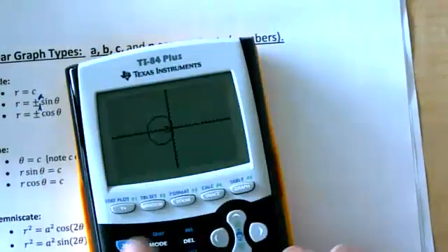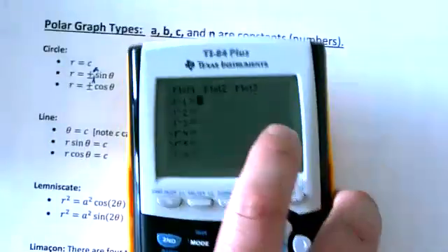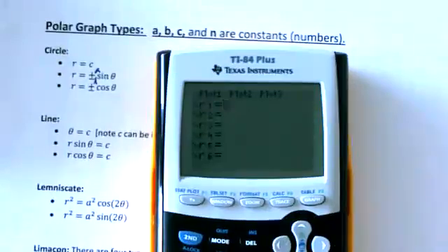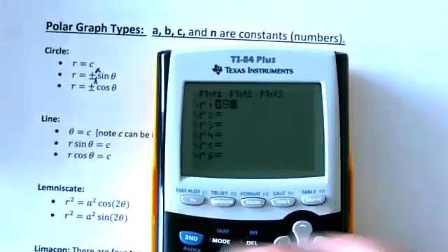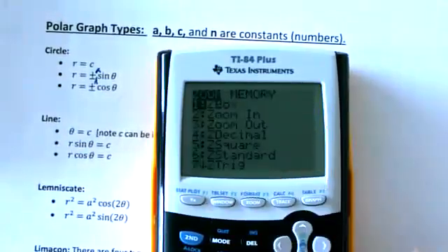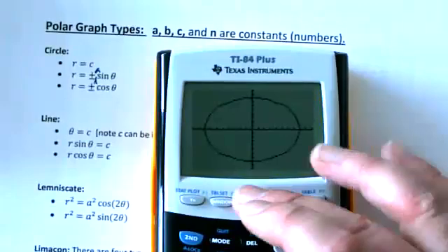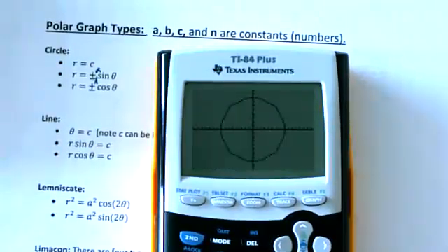Let's start with r equals C. So go into your calculator and just pick me a number. C is a number. Someone pick a number for me. 8. And graph it. This will go a little bit quicker if you do zoom standard and then zoom box, or not zoom square. Zoom 6 and then zoom 5.